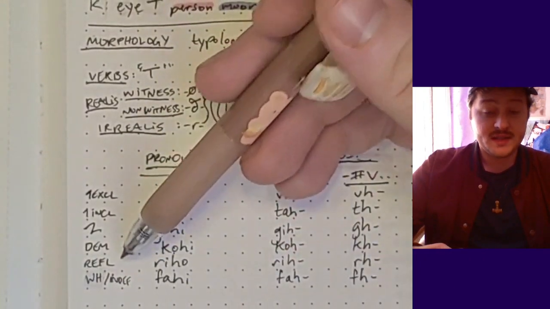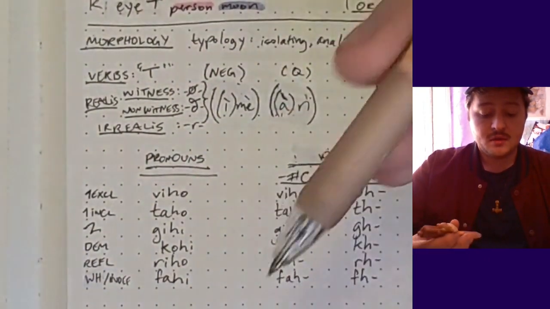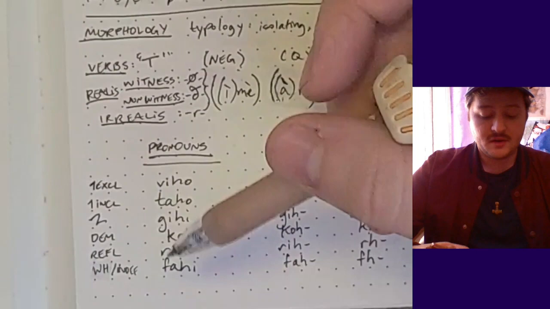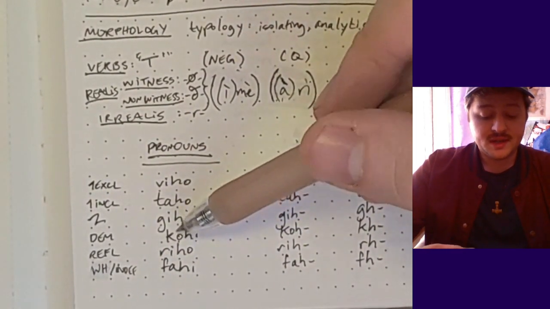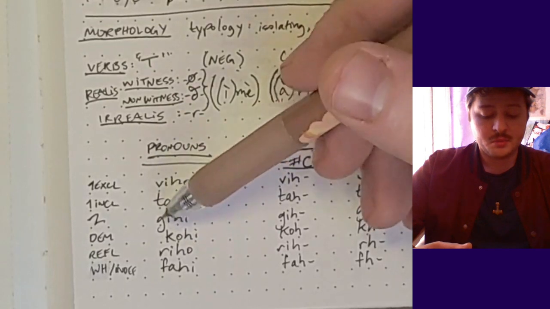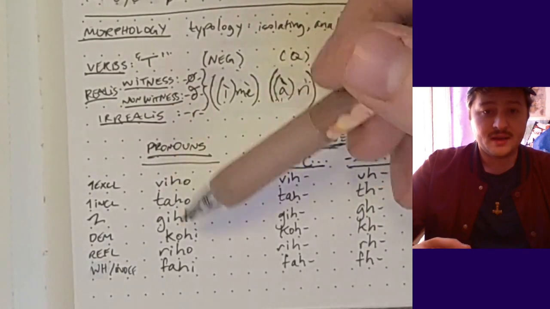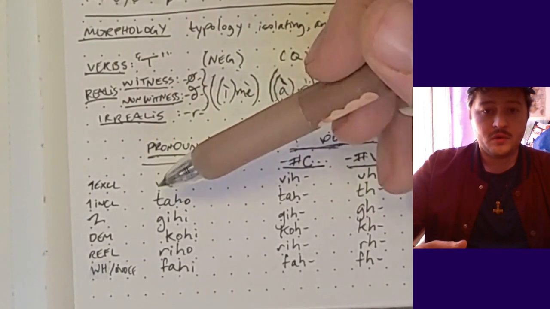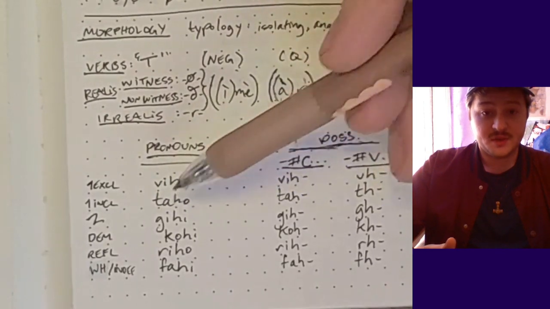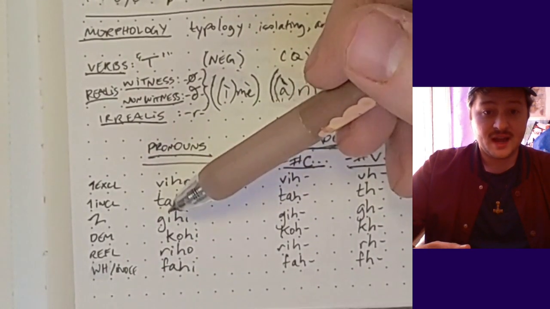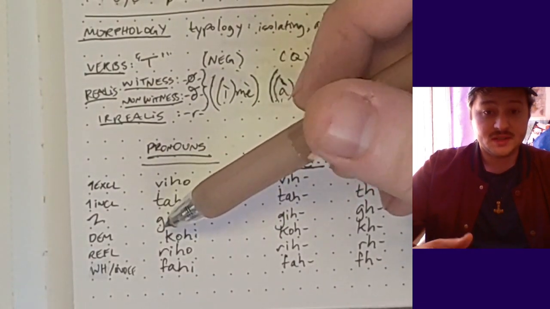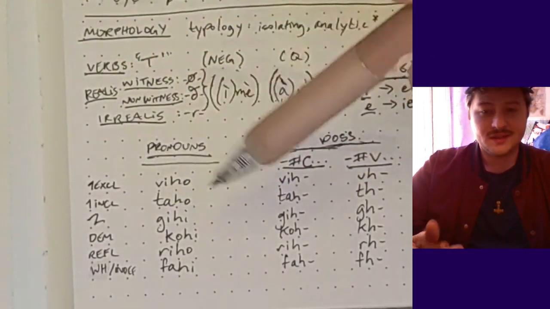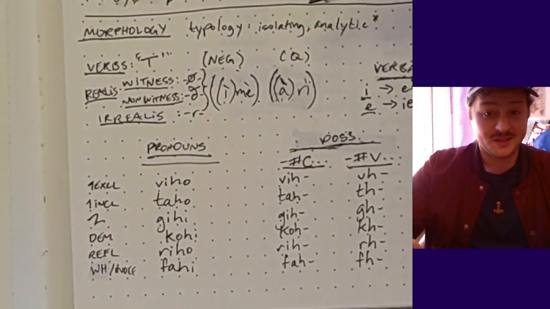Then there is a reflexive pronoun. That means back onto the person themselves. And that's generally going to be used in the third person, because if it's a reflexive first or second person, you're just going to repeat the pronoun again. Like first person inclusive does it to first person inclusive. Second person does it to second person. Or you could do second person does it to first person inclusive.